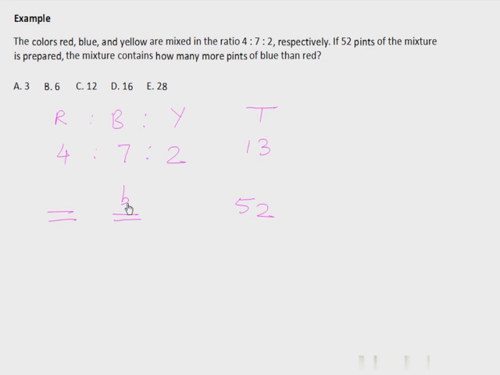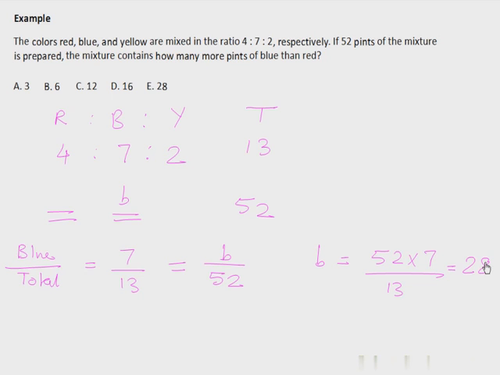So let's call the blue B. So let's write the ratio. Blue to total, I know, is 7:13. It is also B, the unknown, is to 52, the given number of pints. So I calculate B. B will turn out to be 52 times 7/13, which is 28.